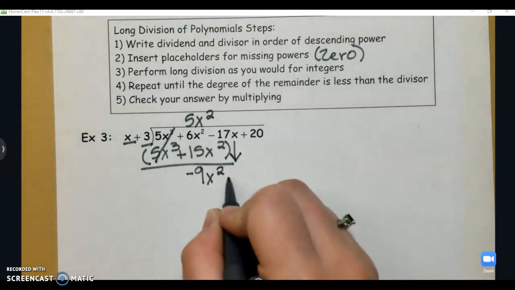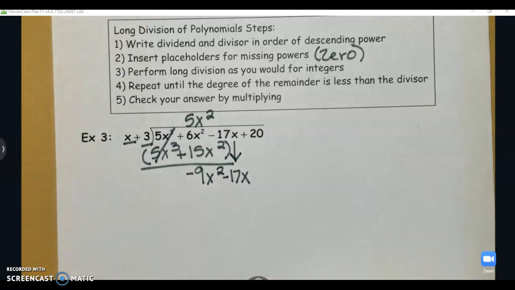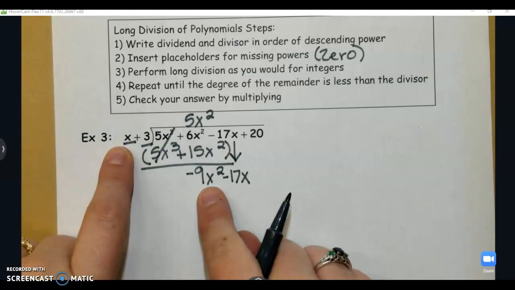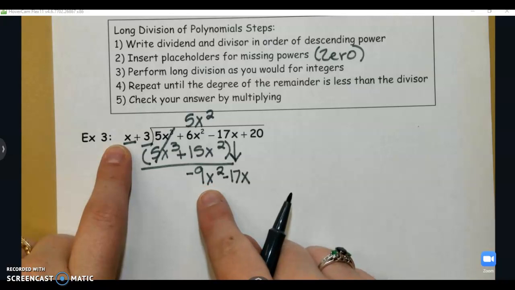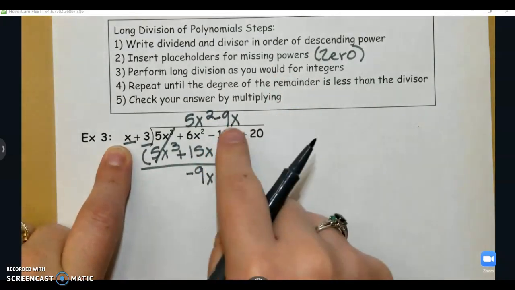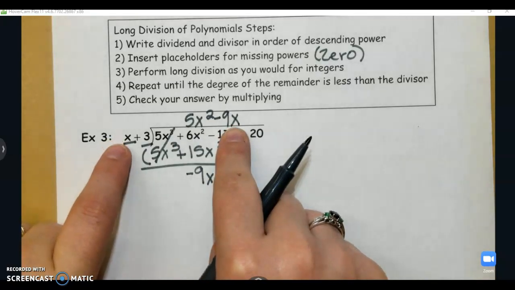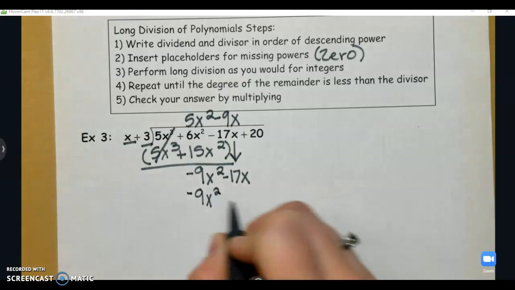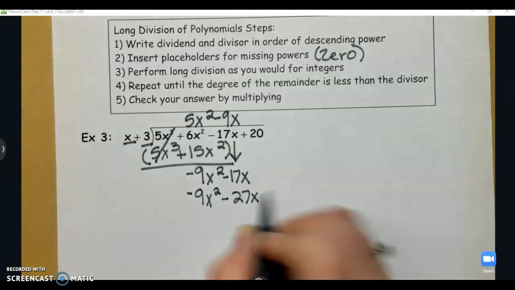And then I'm going to bring down that minus 17x. Okay, so now looking here, again, x and negative 9x squared. What do I need to multiply x by to get negative 9x squared? That would be minus 9x. So now I'm going to multiply minus 9x on the x and the plus 3 to get minus 9x squared and minus 27x.